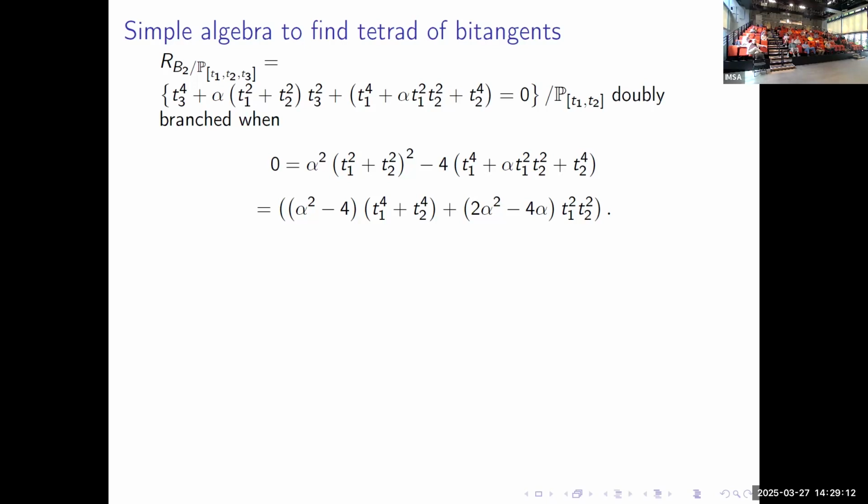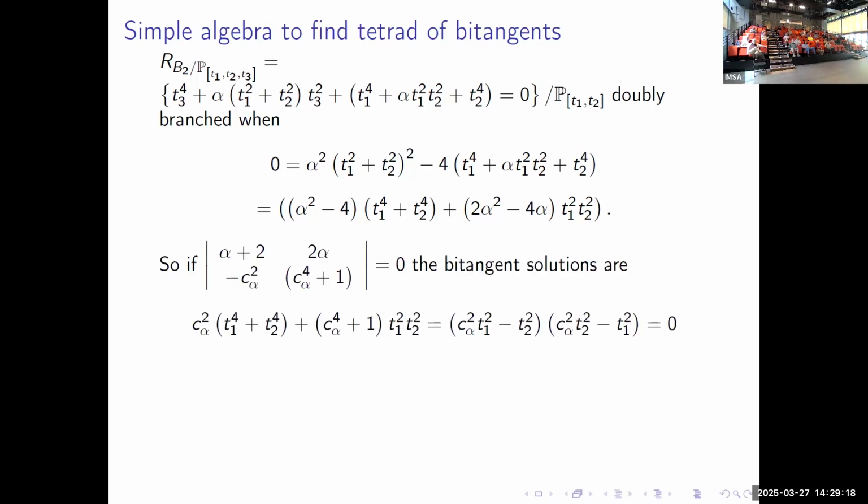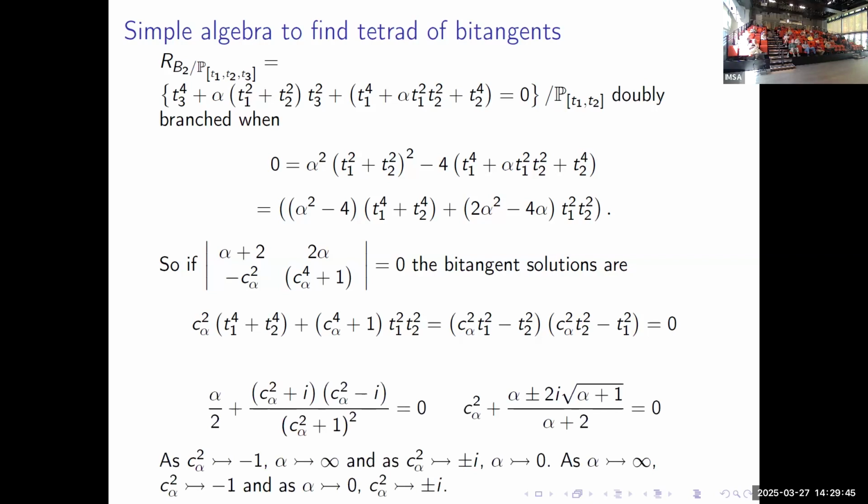And I'll just skip through that because, yeah, anyway. You do some algebra and you see where that is 0, and if the C's satisfy that equation, there's a relation between the C's and the alphas.